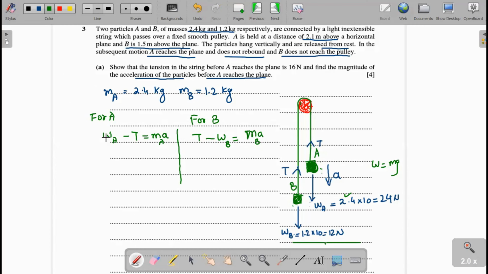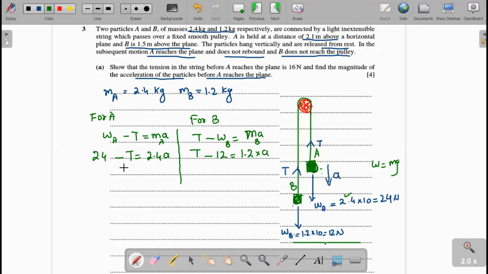Now we substitute the value. The weight of A is 24 Newton minus T as the tension, is equal to mA, 2.4, a written as it is. T is the tension written as it is. The weight of B is 12 Newton, that is equal to mB, the mass of particle B, we know is 1.2 kg, into a.